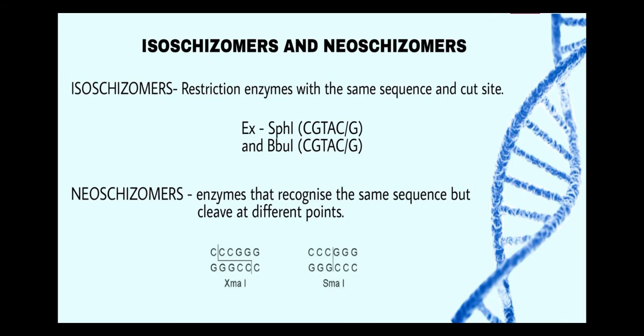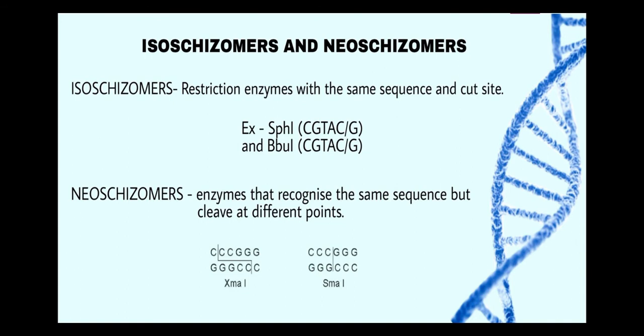Now, there are two terms, isoschizomers and neoschizomers. When two different enzymes have the same recognition sequence and the same cut site, they are called isoschizomers. But if two enzymes have the same recognition sequence but different cutting points, they are called neoschizomers.